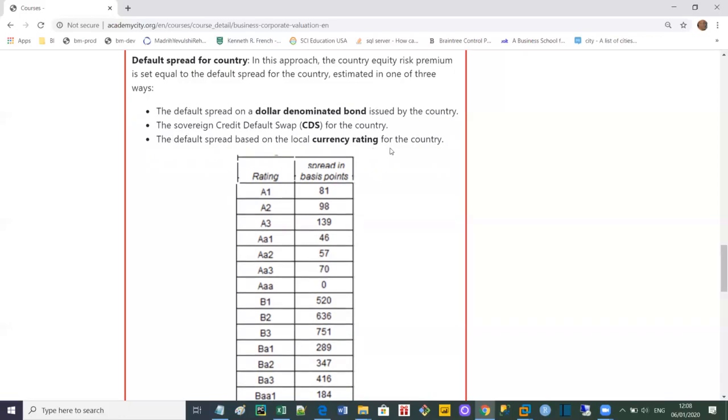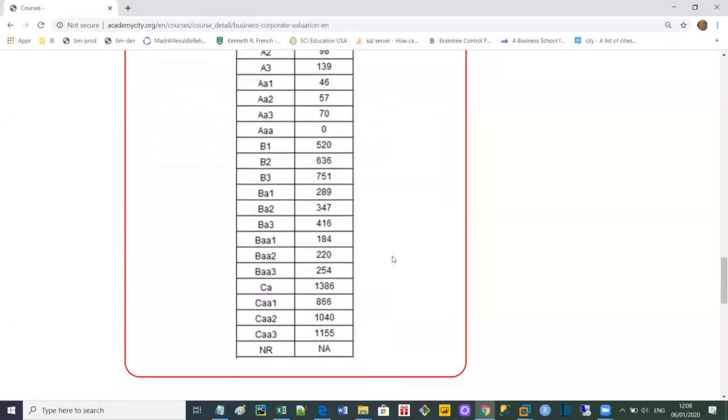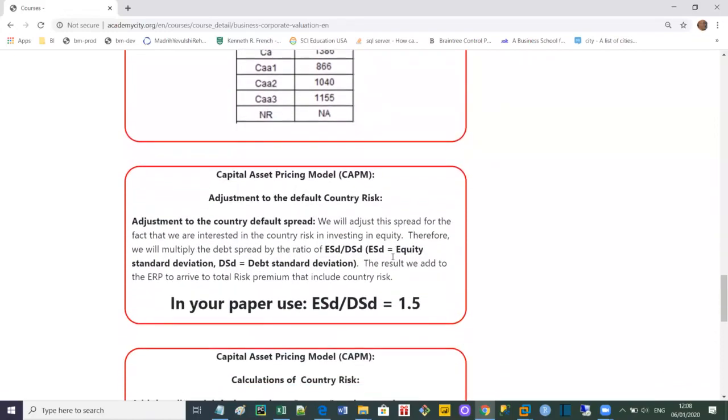Many times you can't really find countries that have bonds denominated in dollars, so that rules out the first method. The second one, you can find CDS for a lot of countries, but not all of them, and many times you can't find them. So the third method can work for almost all the other countries.